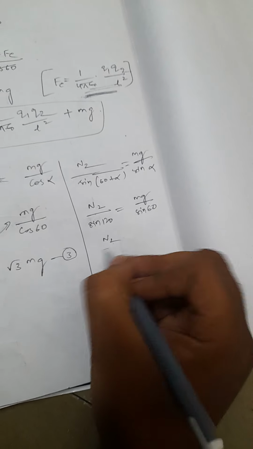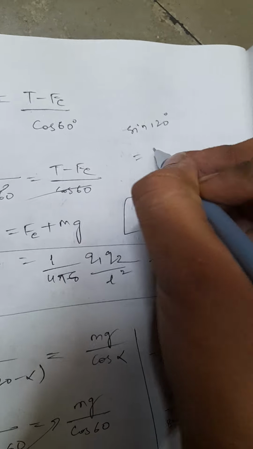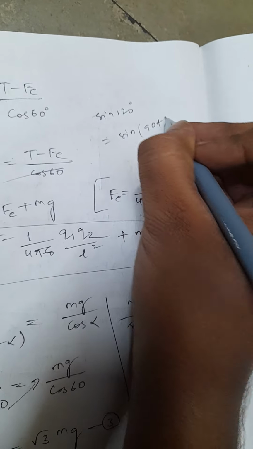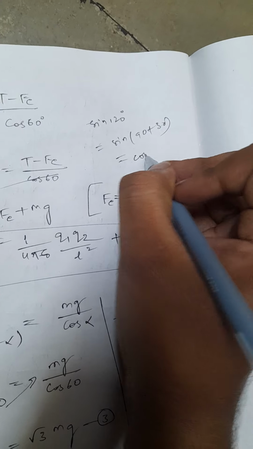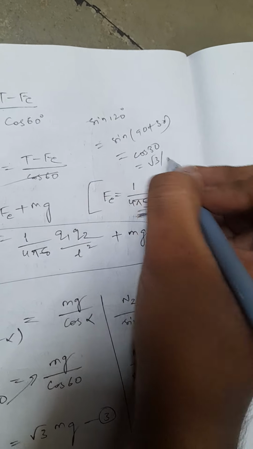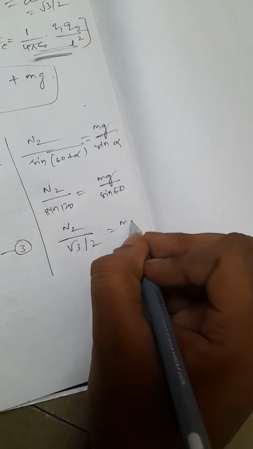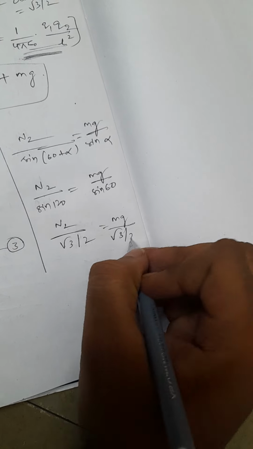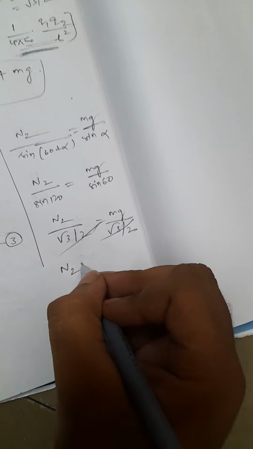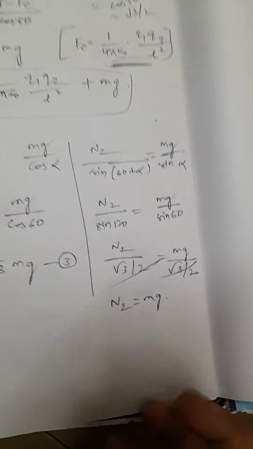We can solve sin 120. This will be equal to sin 90 plus 30, which will be equal to cos 30, which will be equal to root 3 by 2. So this will be root 3 by 2 is equal to mg, and this is also root 3 by 2. So root 3 by 2, root 3 by 2 will get cancelled. n2 is equal to mg. So this is the value of n1 and n2.